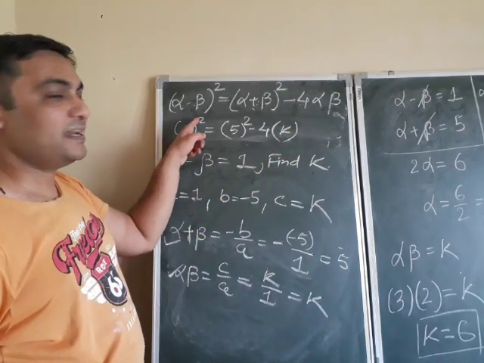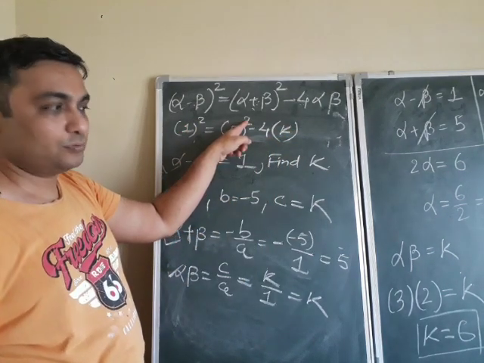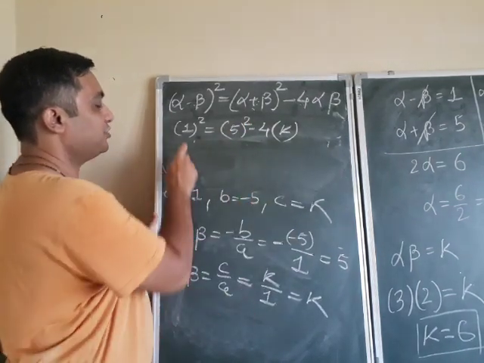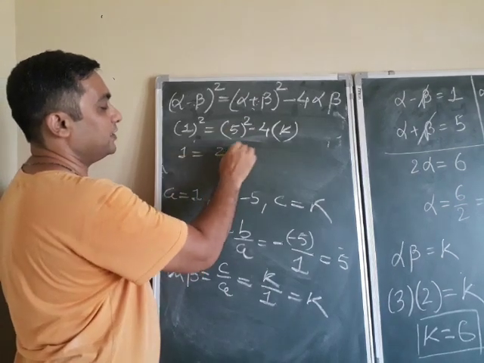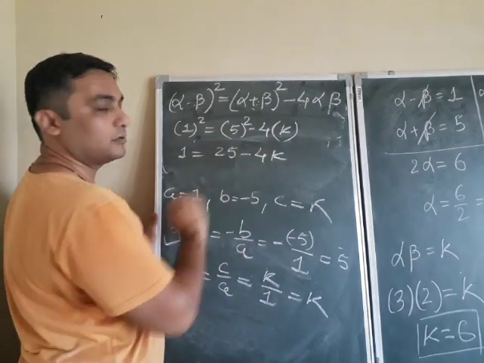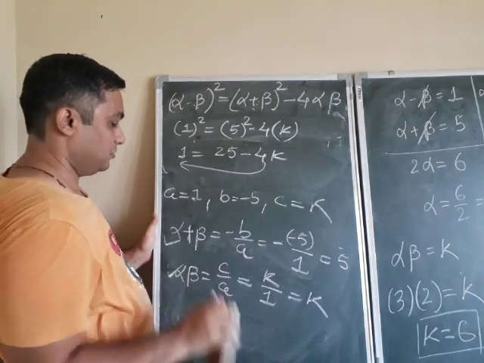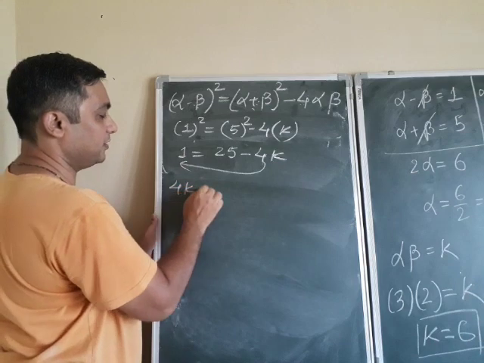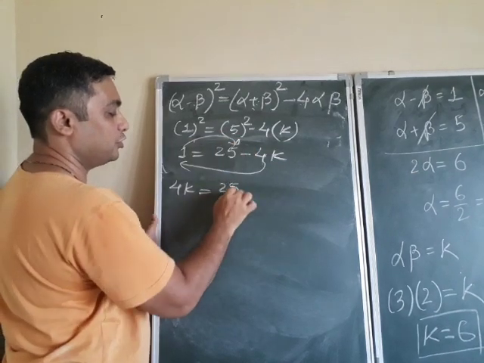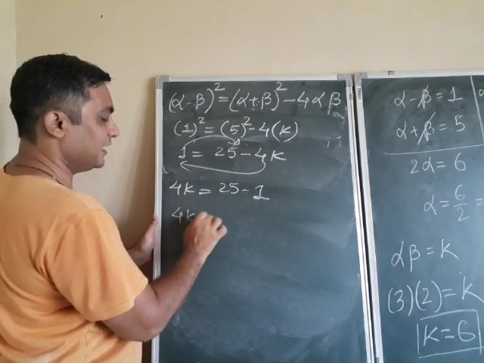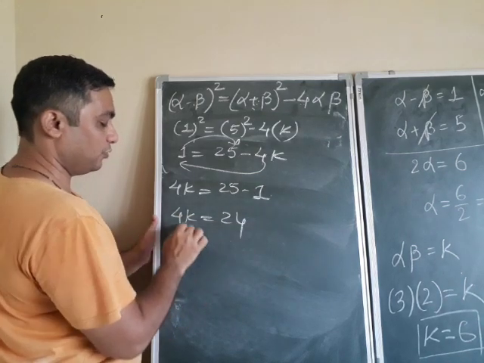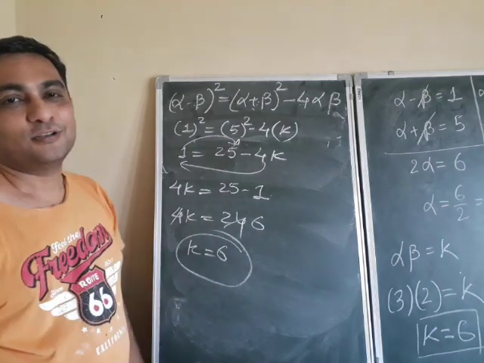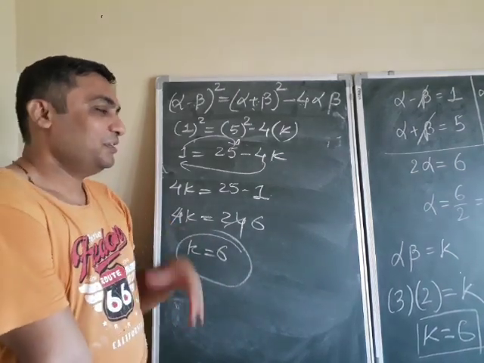Now 1 square is 1, 5 square is 25, minus 4k. Now minus 4k on this side becomes plus 4k, and plus 1 on this side becomes minus 1. So 4k is equal to 25 minus 1, 24. So 4 sixes are 24, so k is 6. Clear? You can use any method.